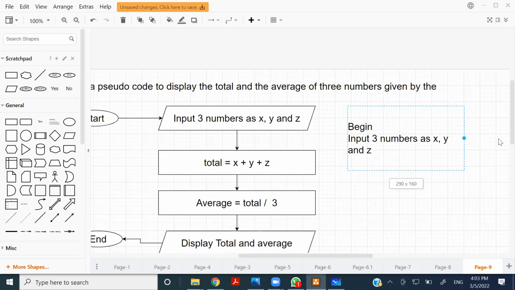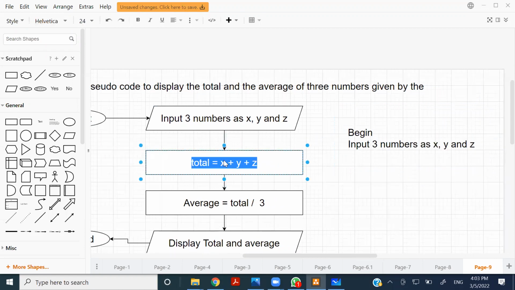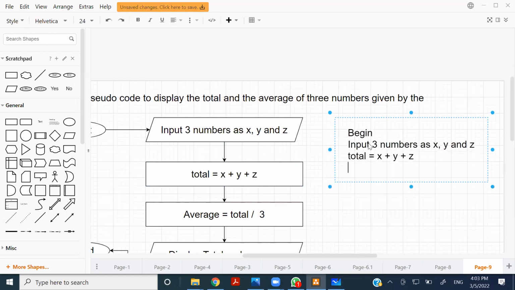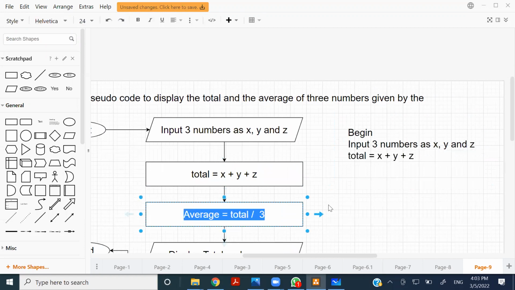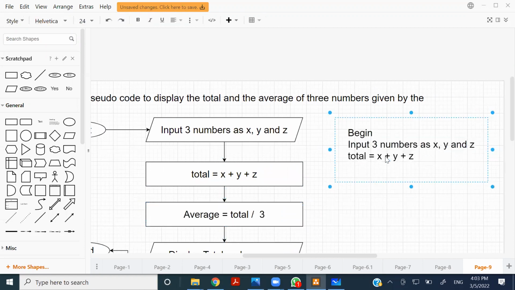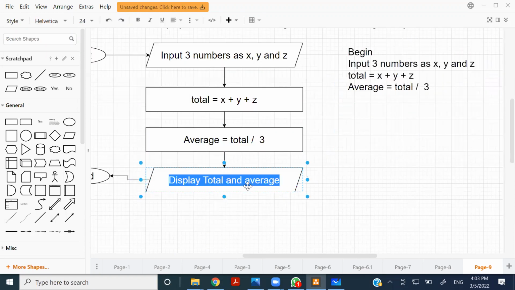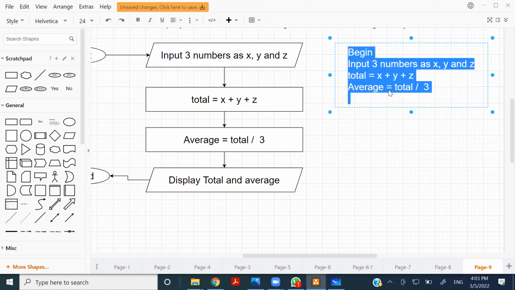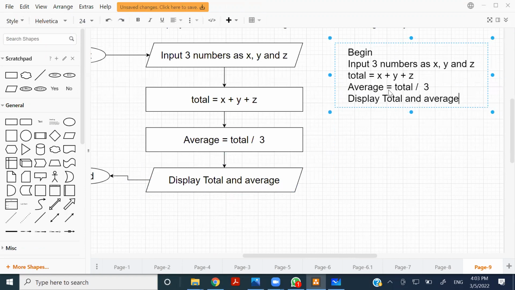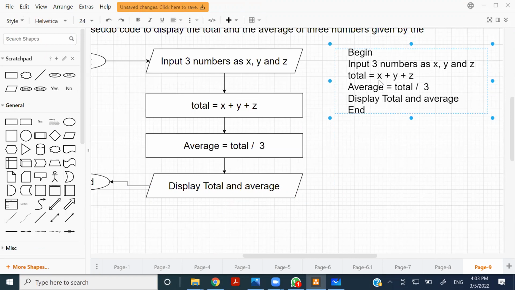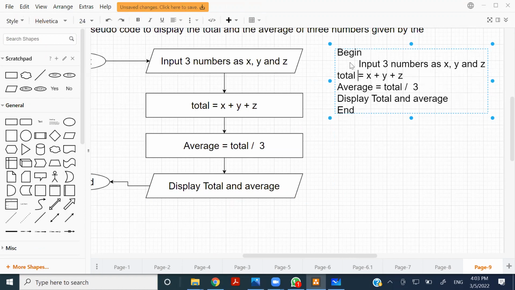Input 3 numbers and I can consider them as X, Y, and Z. So I can take the total and I can take the average, and then I can display the average and the total, and finally I can end. And it's better you have some indentation, so that will make your code much clearer.